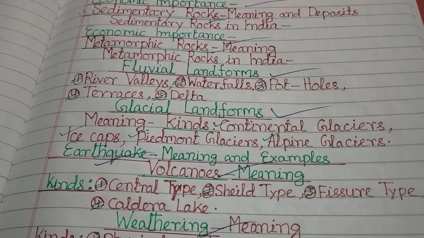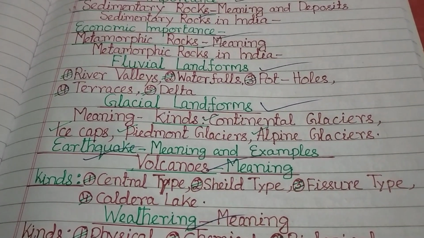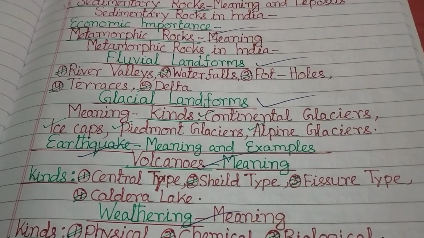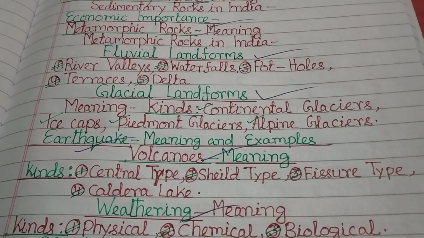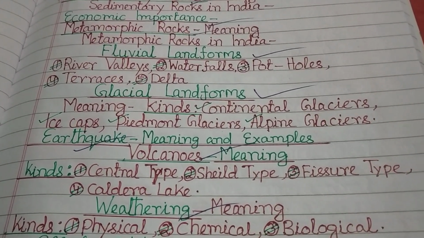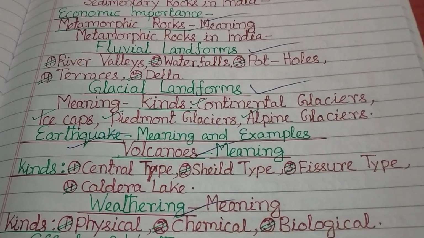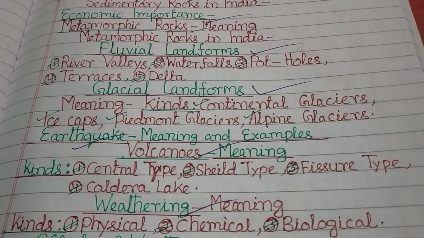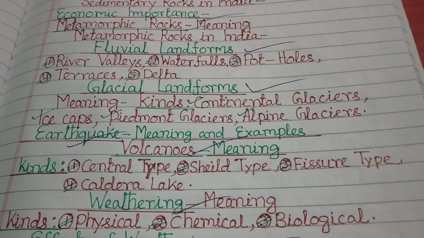Igneous rocks, as derived from the Latin term ignis, which means fire, are the rocks formed through the solidification of molten material or magma originating within the Earth's crust.